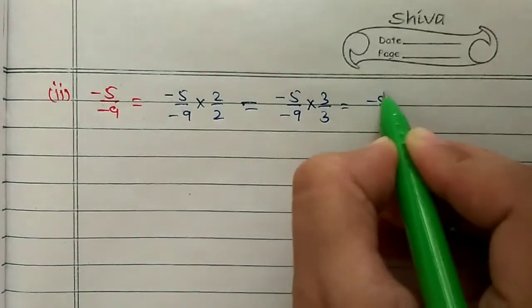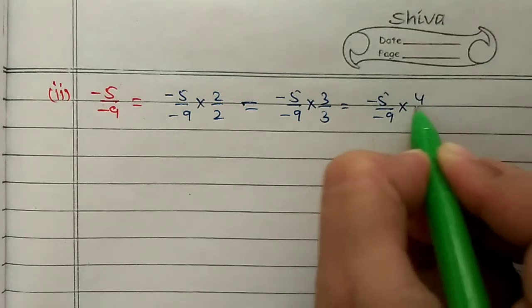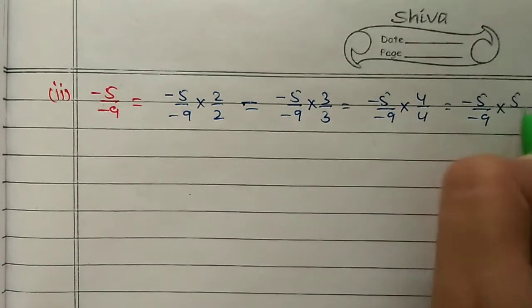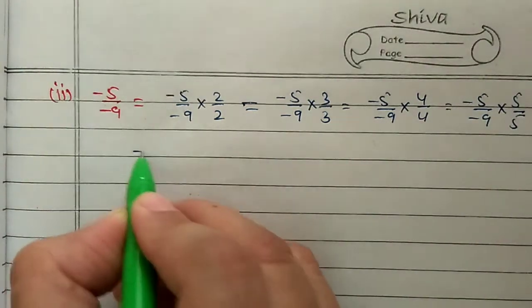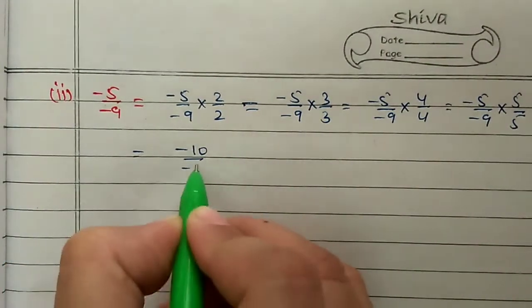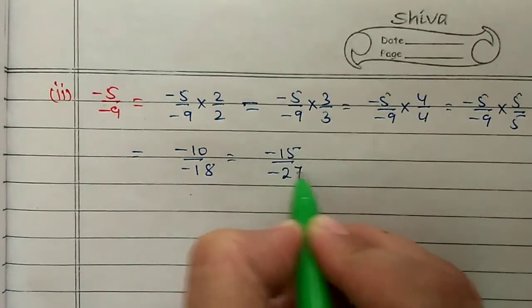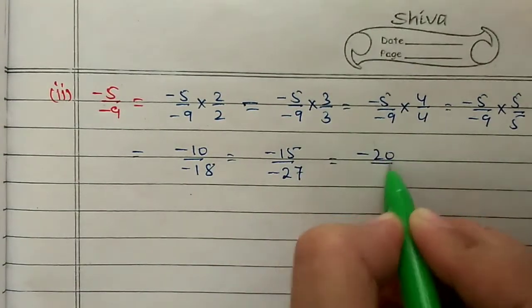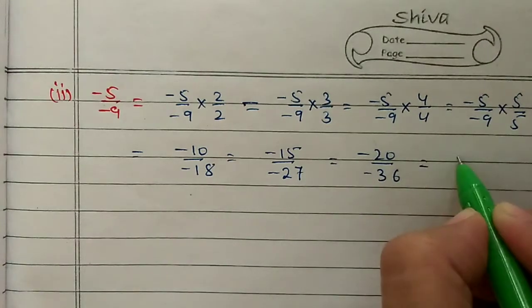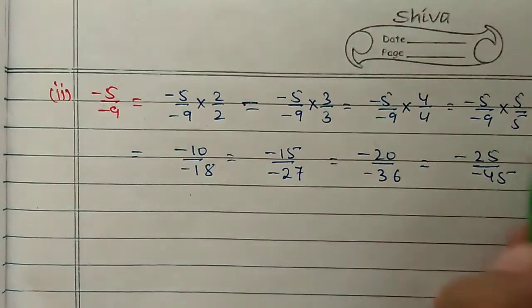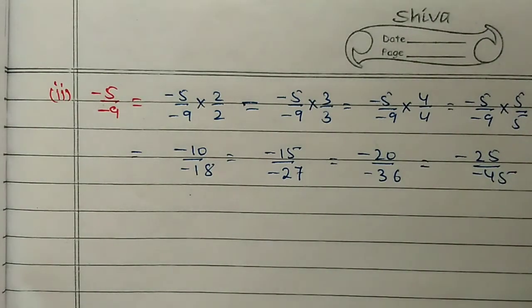Then you can multiply with 4, and with 5. Then write the product: minus 10 by minus 18, minus 15 by minus 27, minus 20 by minus 36 and minus 25 by minus 45. These are the equivalent rational numbers.